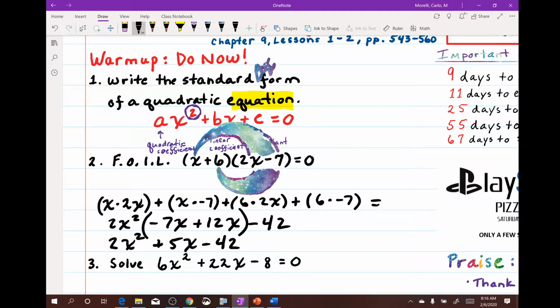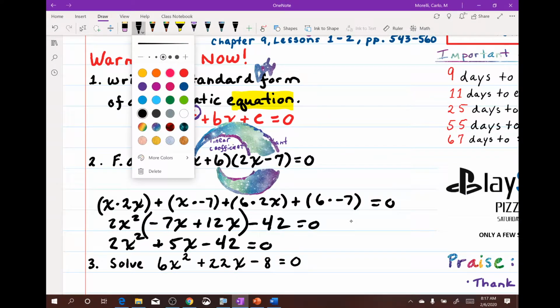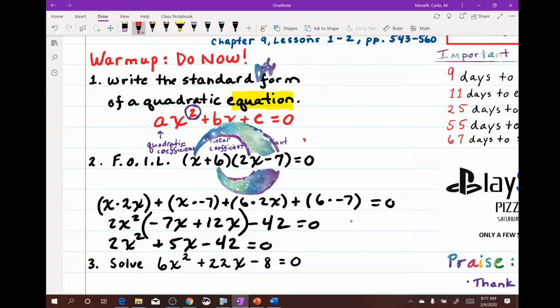And of course, the whole time we should have been setting it equal to 0. So this is called the factored form that we started with. Okay, factored form. And for the Algebra 2 students, we want you to remember that that is f of x equals x minus p times x minus q.